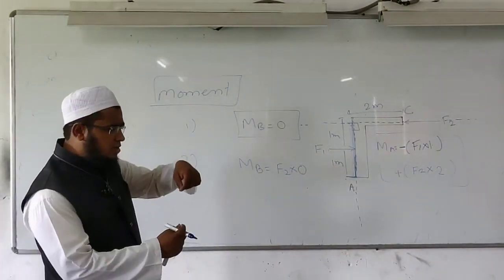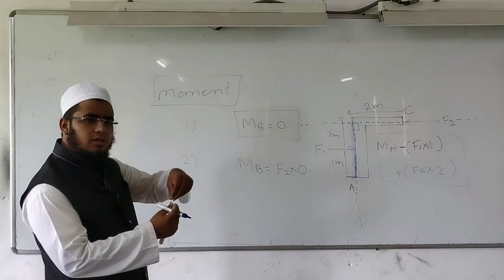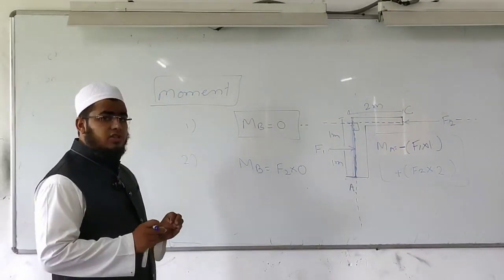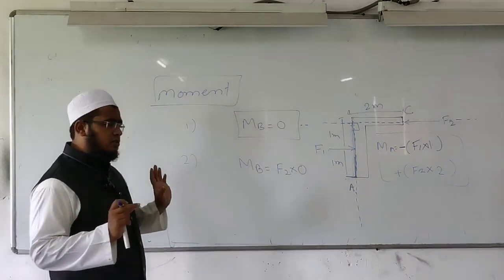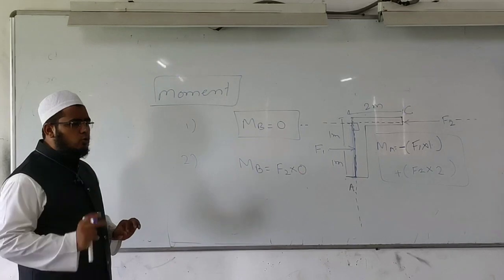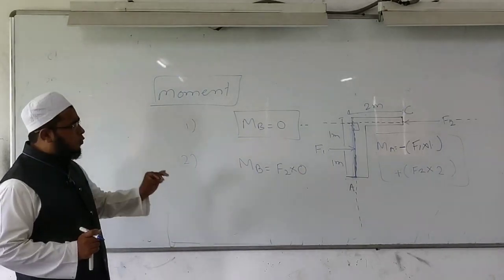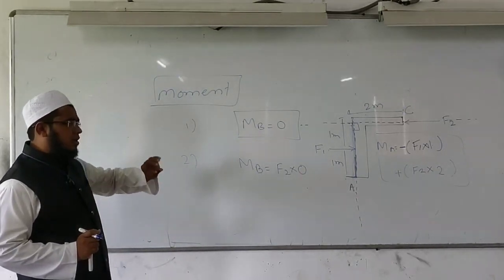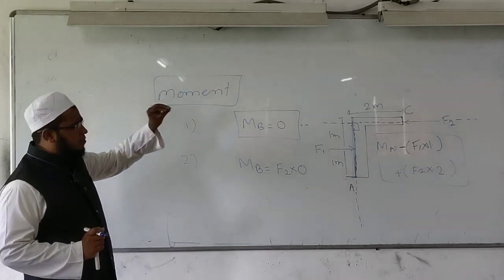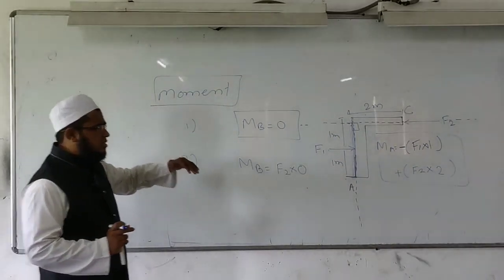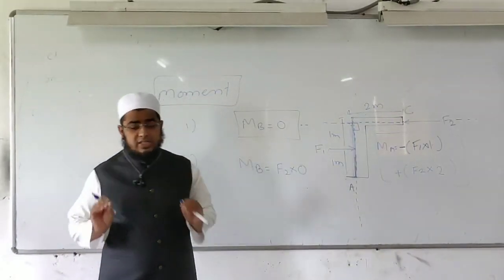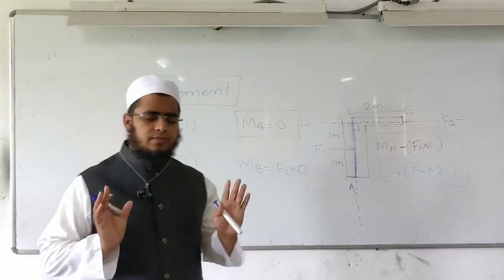We have to find the perpendicular distance, and determination of the perpendicular distance is a very important point. We have to remember 2 points. Whenever a force is acting at some point which is at some distance from the moment center, we have to extend the line of action.